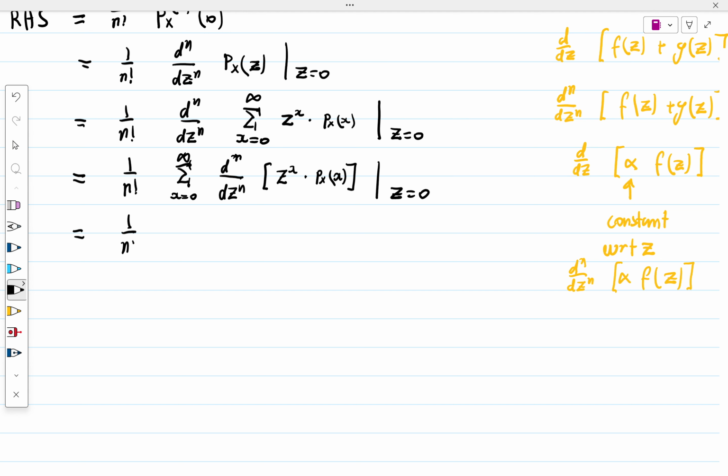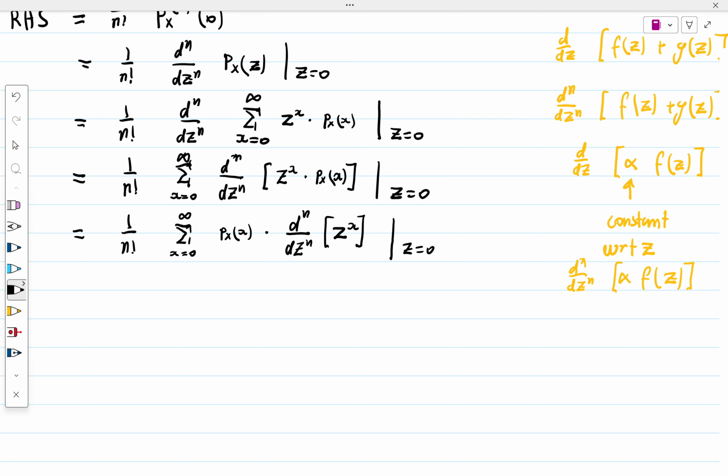So this becomes 1 on n factorial, sum x equals 0 to infinity of px of x multiplied by the nth derivative of, not the probability mass function, but of z to the power of x. And again, we're evaluating at z equal to 0.